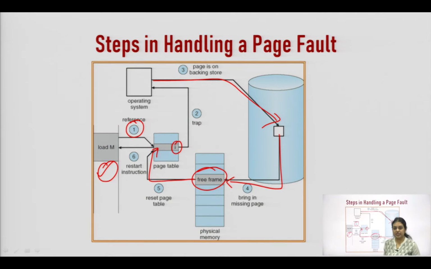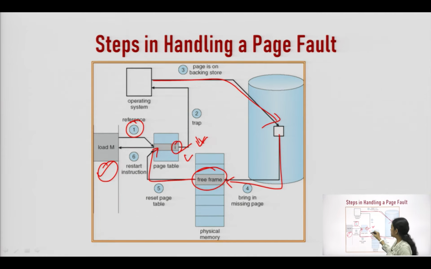What we need to reset? We need to reset this I. Now, it will become V. Right, that means a valid page, that means the page is in memory. And then after that it restarts the instruction and the process follows.